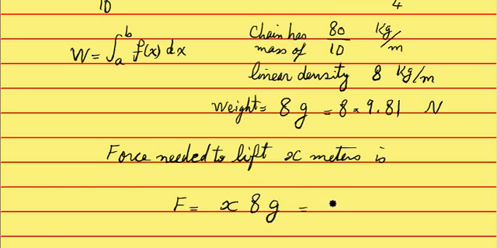So this is x, that's the length that you have lifted off the floor, and then 8 was the linear mass density, and g was 9.8. I'm not multiplying it so that you see all the elements where they come from.